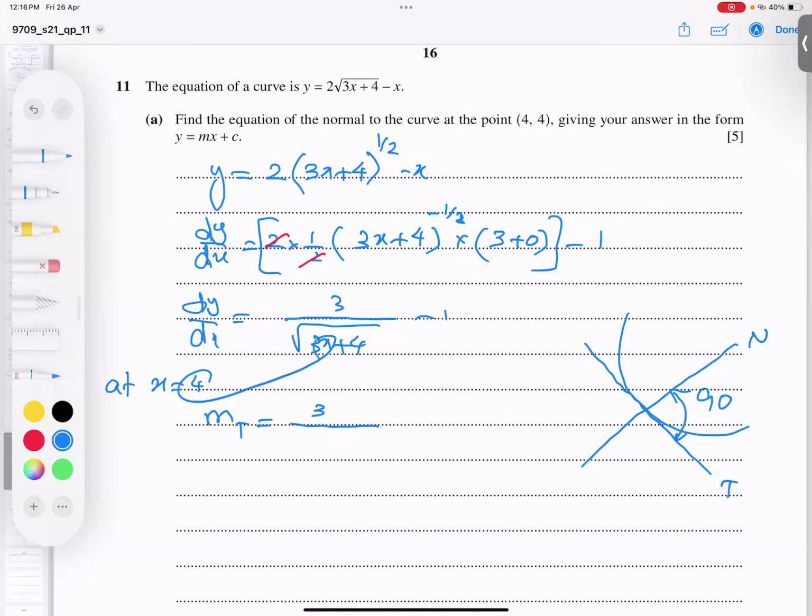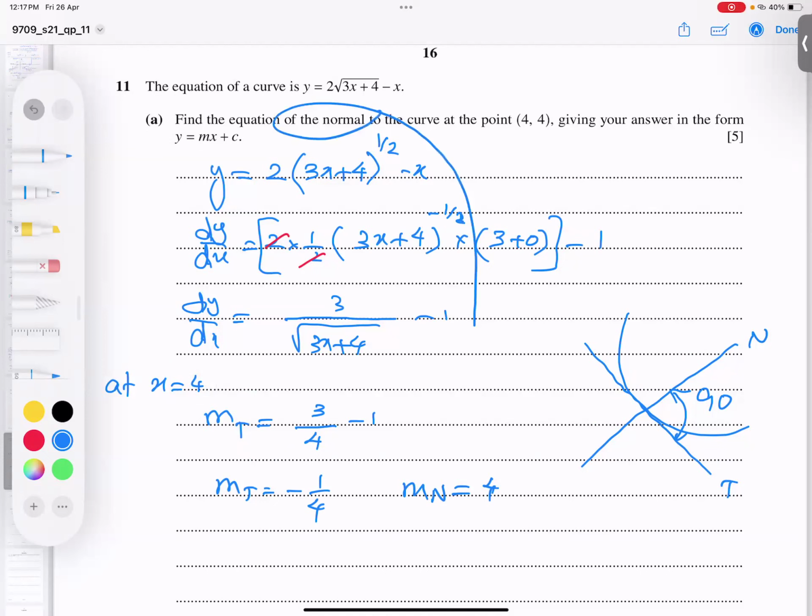When I plug in 4 here, 3 times 4 is 12 plus 4 is 16, root of 16 is 4. So the gradient of the tangent turns out to be -1/4. If the tangent gradient is negative 1/4, the normal is the negative reciprocal. Make sure that plugging in x never gives the normal; it always gives the tangent.